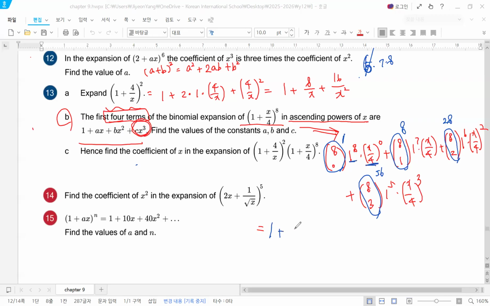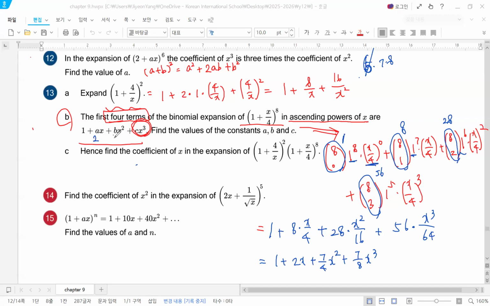So 1 plus 8 times x over 4, plus 28 times this one is 1, and then x squared divided by 16, plus 56 times x cubed over 64. Therefore, 1 plus 2x plus 7 over 4 x squared plus 7 over 8 x cubed is the answer of this question, so that you can find the value of a as 2, 7 over 4, and 7 over 8. If my answer is not correct, please tell me.